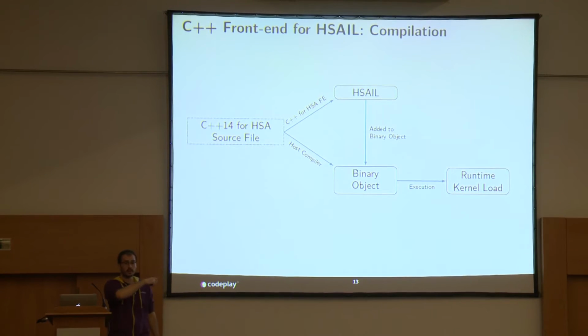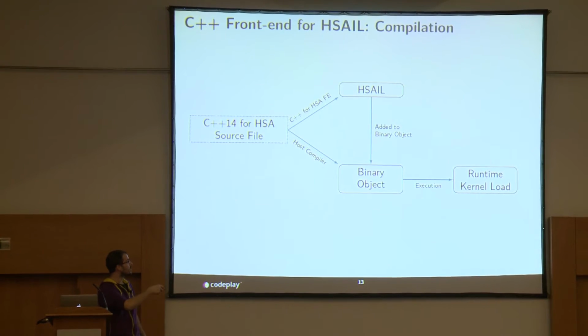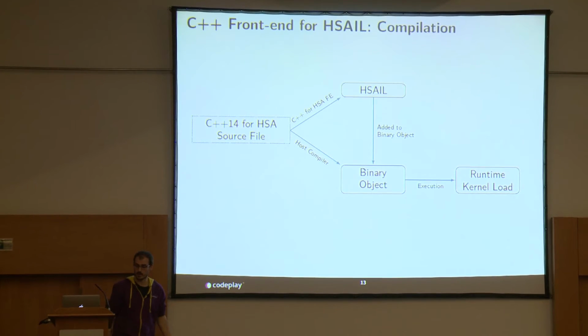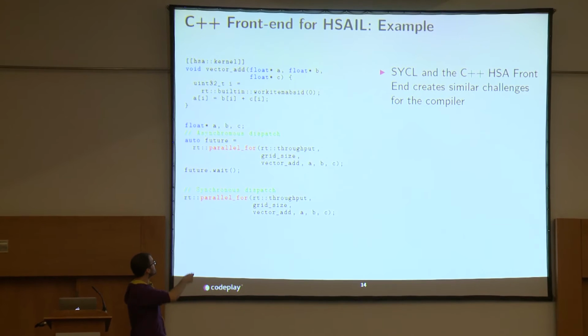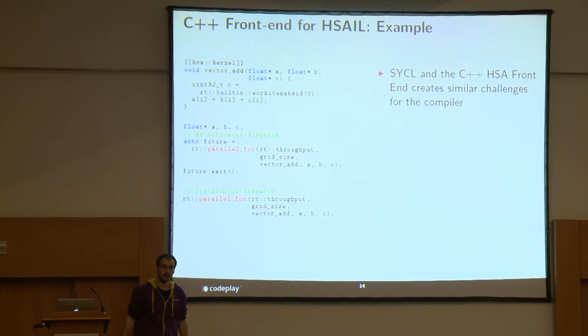On the device compiler, extract the kernels, compile them down to HSAIL, and the host compiler takes this and glues the things together, so we have basically the same compilation flow. Okay, so this is how this looks. This is an actual kernel, and it's passing raw pointers here. Because we have shared virtual memory, we don't really care about where the data are. Just let the runtime handle this.